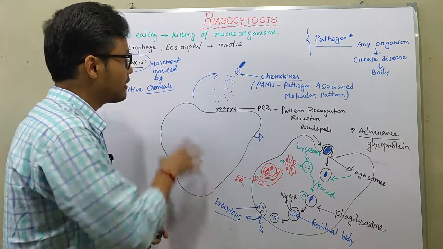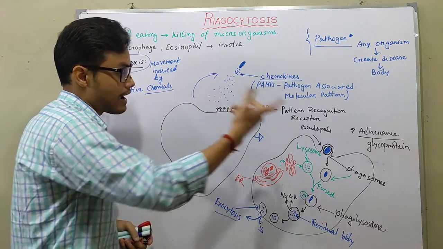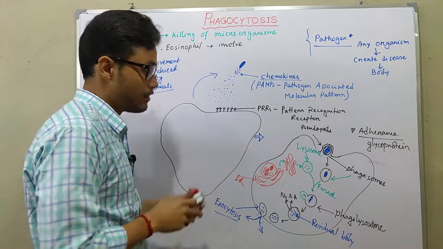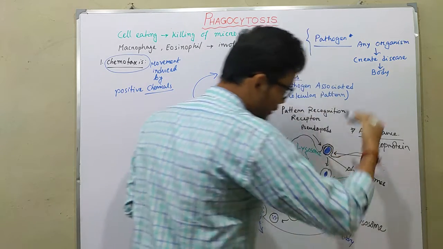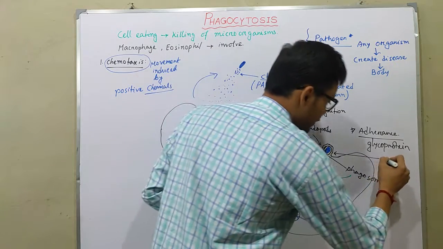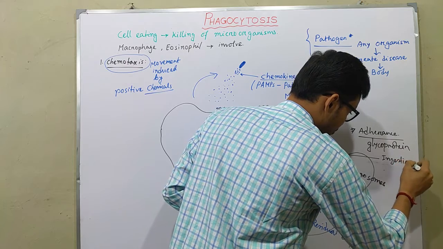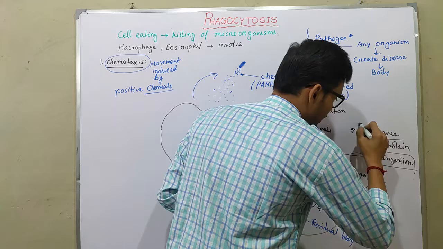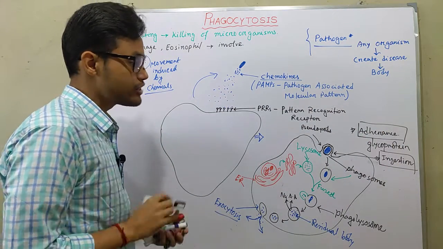Okay, so here chemotaxis means the movement induced by chemicals, and adherence is the second step, and ingestion is the third step. So the third step, internalization of the microorganism inside of that cell, is known as ingestion. So here ingestion, adherence and chemotaxis play a crucial role.